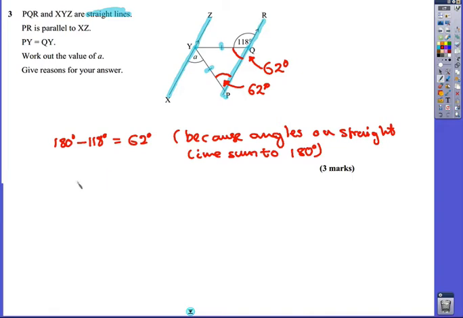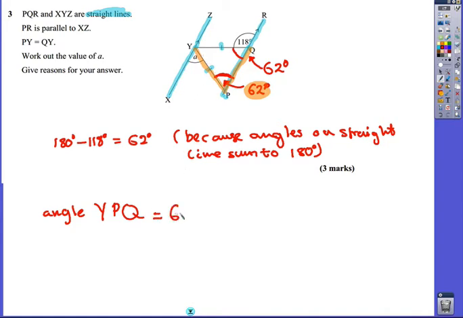Write it down. Okay? So, angle YPQ, so this is the angle YPQ. Take a look. To make this angle here, the 62 that we wrote down, angle YPQ, or you could have written QPR, doesn't matter, QPR still makes this angle.